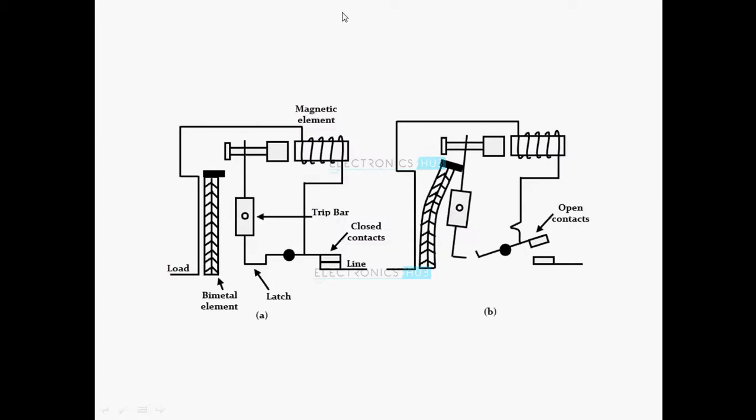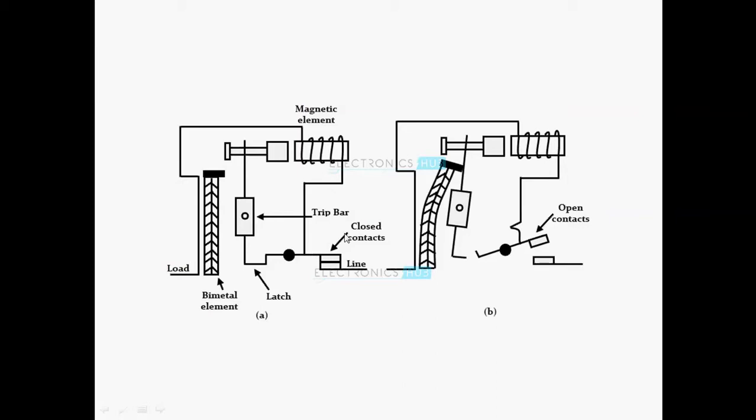This operation is clearly seen in this figure. This is the original position of the MCB, and if overload occurs, the bimetal element bends and it unlatches. This latch is tilted and thus these contacts get opened. Also, due to short circuit condition, if this electromagnetic coil pulls this latch, again this latch is tilted and these contacts are open.